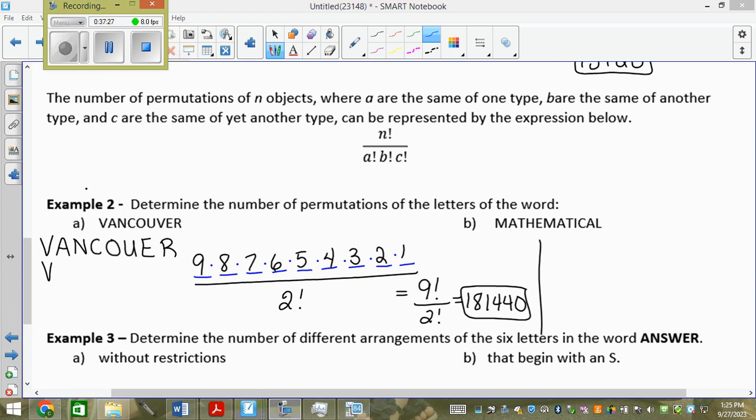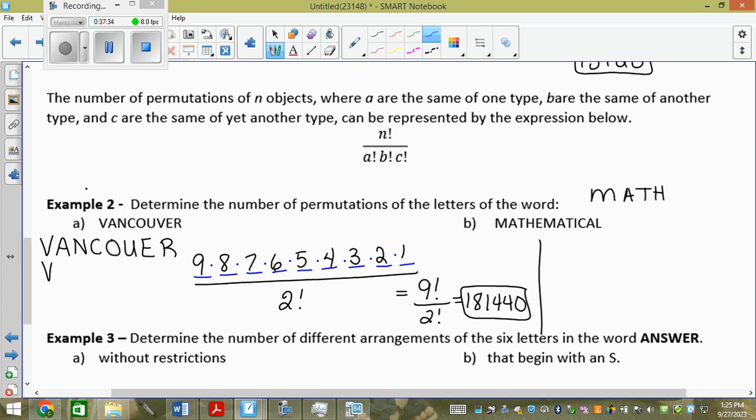Mathematical. M-A-T-H-E, M-A-T-I-C-A-L. So I know before I even go to do the question, I'm going to have 2 factorial, 3 factorial, 2 factorial on the bottom.